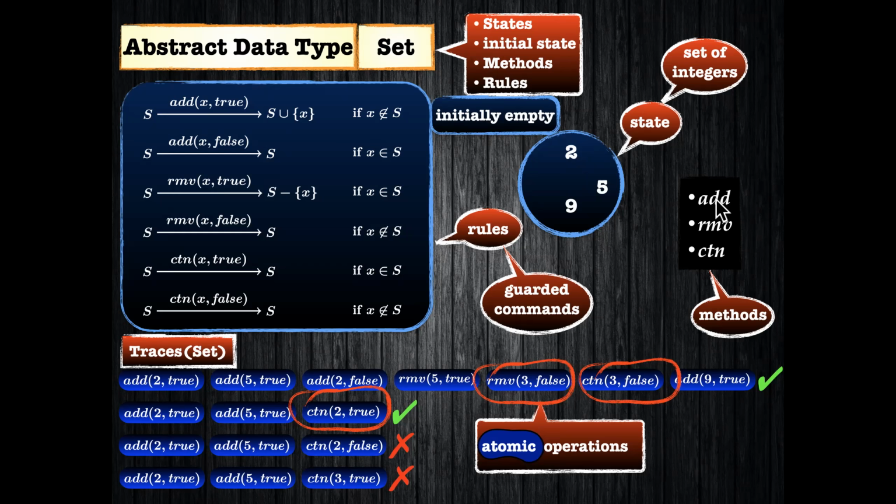The operational semantics of the set abstract data type was formulated using a set of rules. We then defined a trace to be a sequence of atomic operations that you can generate starting from the initial state and applying the rules successively. Each element of a trace is an atomic operation, consisting of a method name, an input value, and an output value.